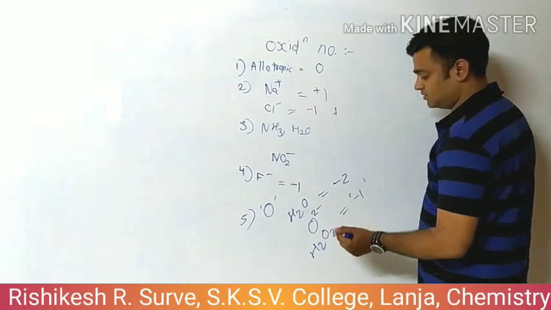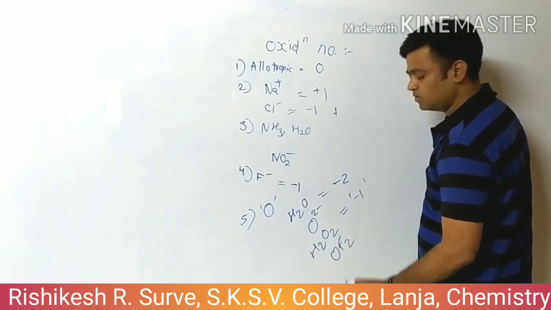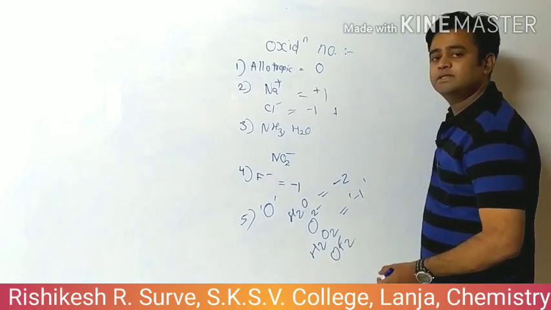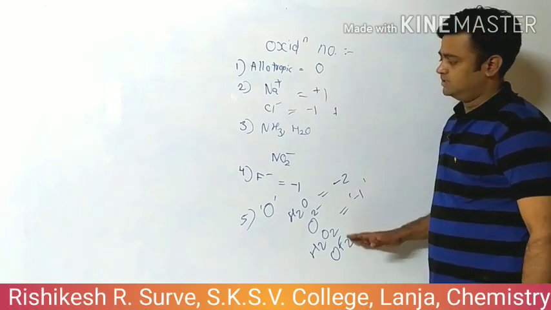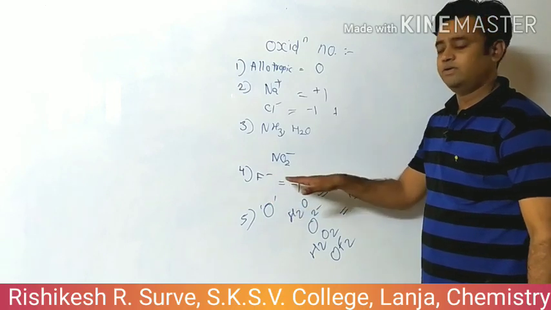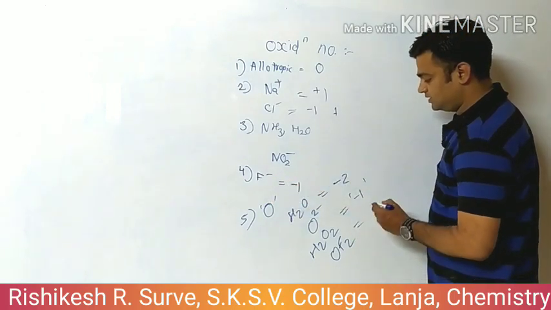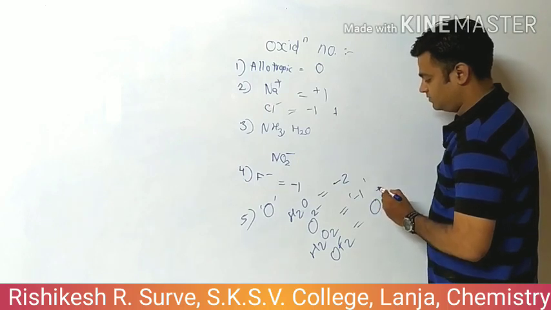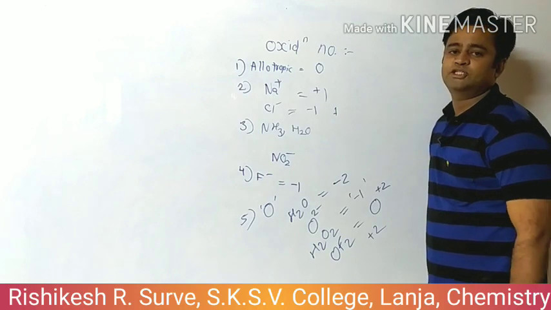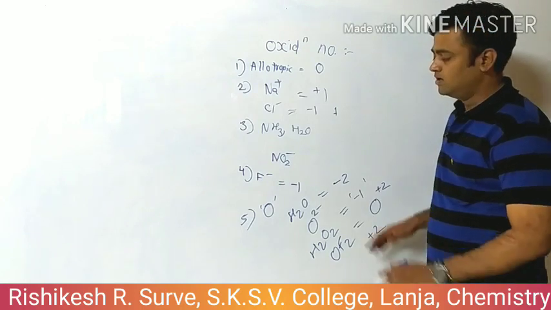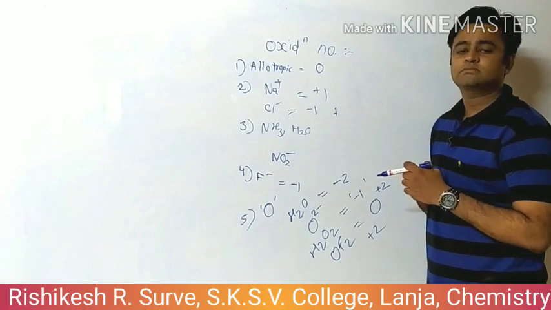But if we consider OF2, since fluorine has the highest electronegativity, its charge is minus 1, then oxygen will have plus 2 as its oxidation state. So oxygen has some exceptional cases.